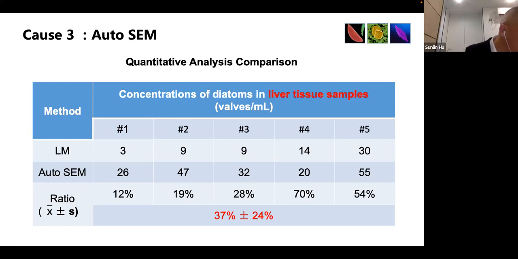As can be seen, for most tissue samples or water samples, less than half of the diatoms in them could be detected by LM compared to by SEM.